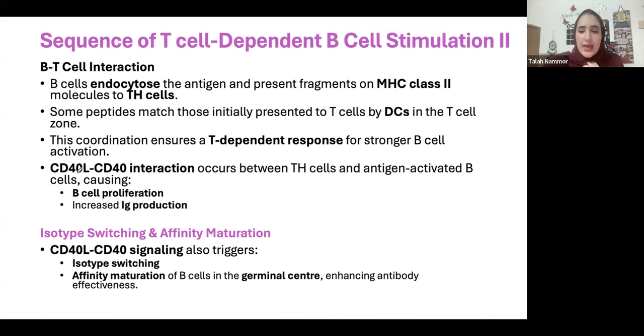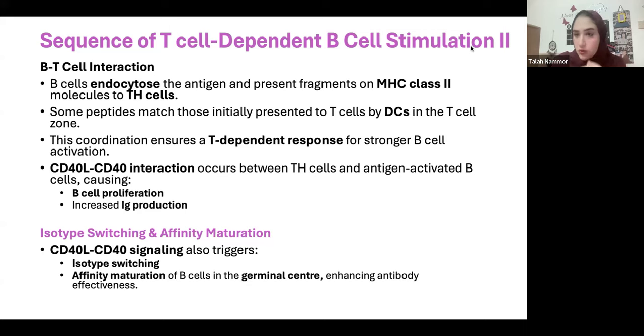Now, we said there are other reasons for the CD40L other than the interaction. It's not only to form the plasma cells, but we have to think about what these plasma cells do. These plasma cells are going to secrete antibodies. These antibodies that are secreted, we want to make sure that they are, as I said, top notch.